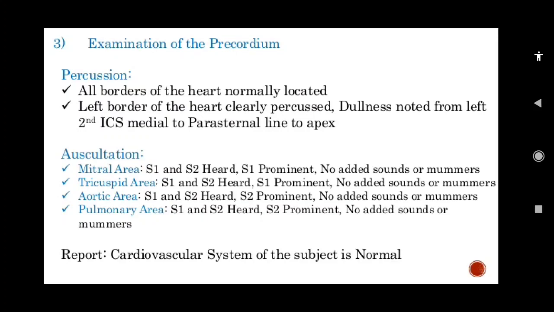Finally we give a report as: the cardiovascular system of the subject is normal. So like this you have to write in the examination, starting with the name and completing till the auscultation, all these points as they are. Note it in your paper, or if you have a record book, you can directly note it down in your record books. So thank you all.